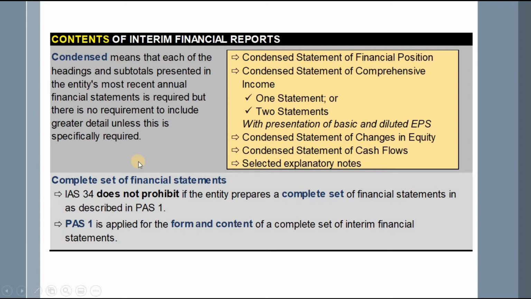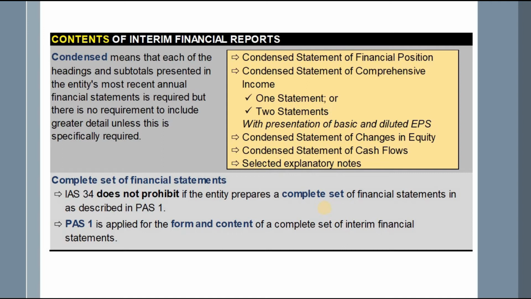If the entity opts to include a complete set of financial statements in its interim financial reports, PAS 34 does not prohibit it from preparing a complete set of financial statements as described in PAS 1. So PAS 1 is applied for the form and content of a complete set of interim financial statements.